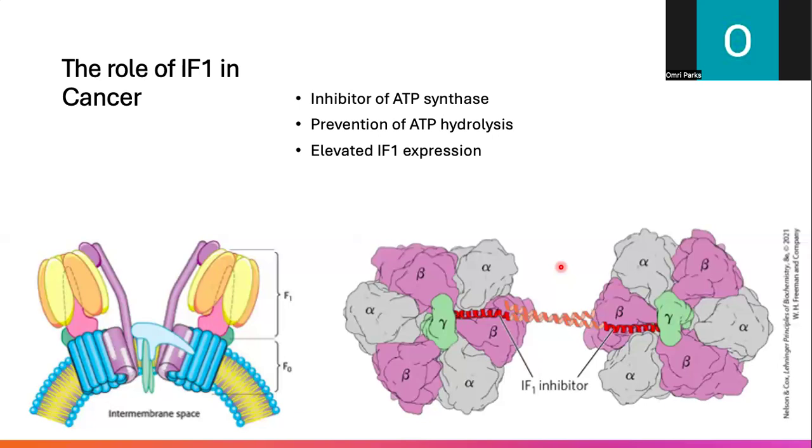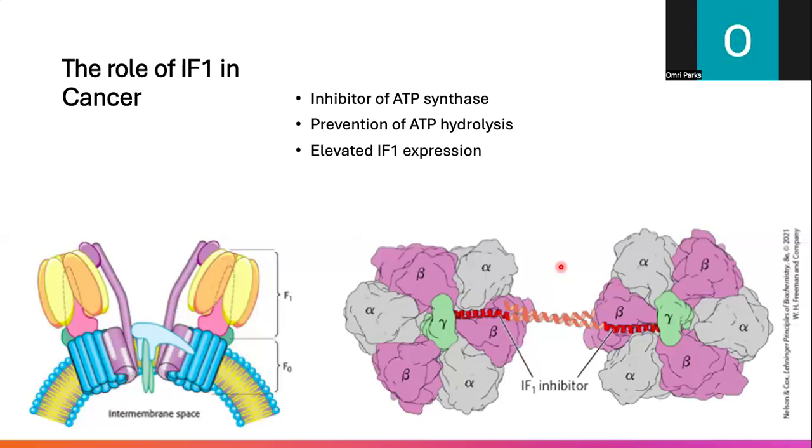If we were to ask which enzymes contribute to protection against apoptosis, in the literature we were given the enzymes OPA1 and DRP1. But it's also important to note that the role of IF1 in apoptosis resistance and cancer progression is complex, and we don't know everything about it.